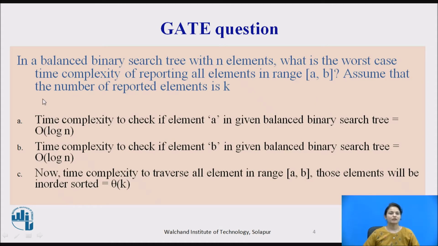Now the time complexity to search for element A in a given balanced binary tree is big O log n, and same for B. Before traveling from A to B, we have to search where A and B are.